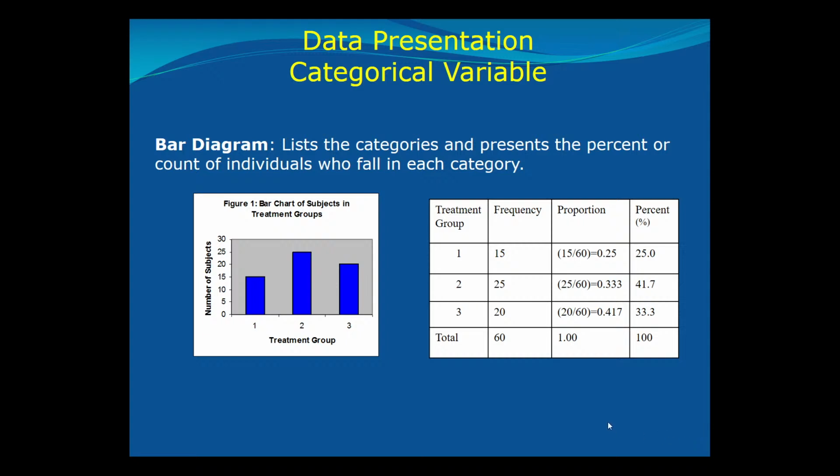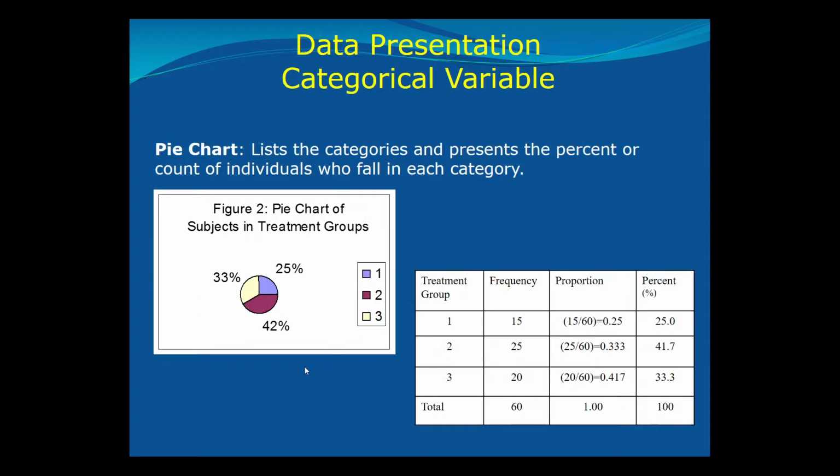For categorical variable, we should use frequency and proportion. Another type to present categorical variable is by using pie chart. It lists the categories and presents the percent or count of individuals who fall in each category.